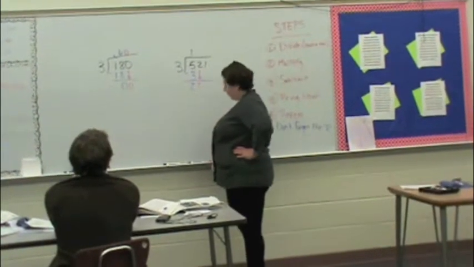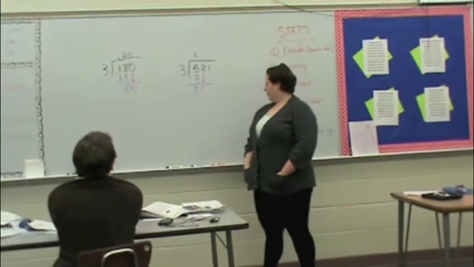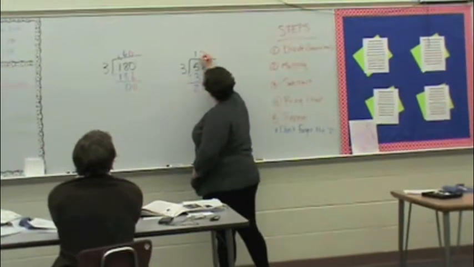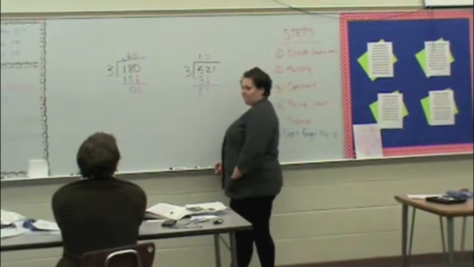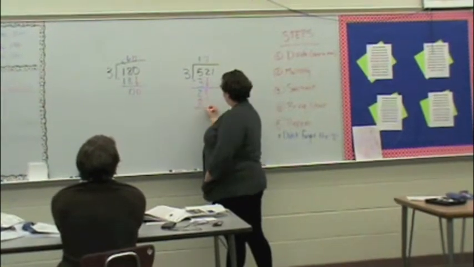Is 3 going into 22 without going over? How many times? 7. 3 times 7? 21. Take away, 1.